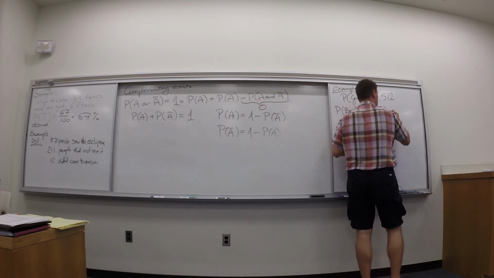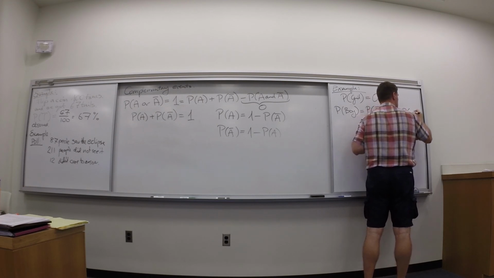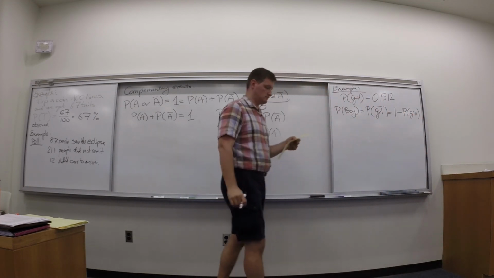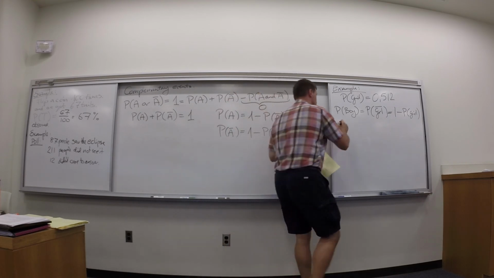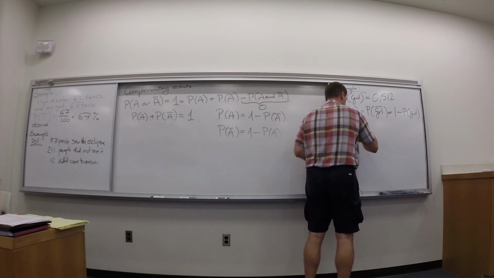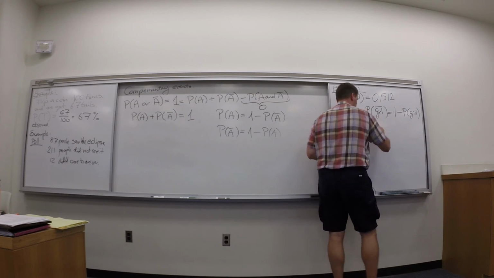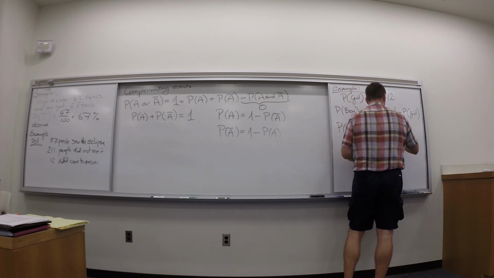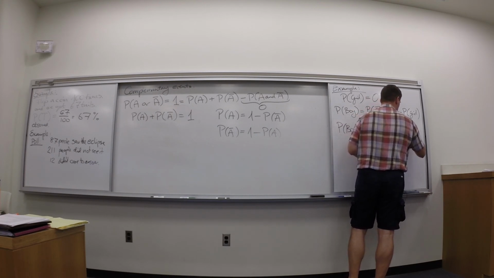So the probability of a boy equals 1 minus 0.512, which equals 0.48.